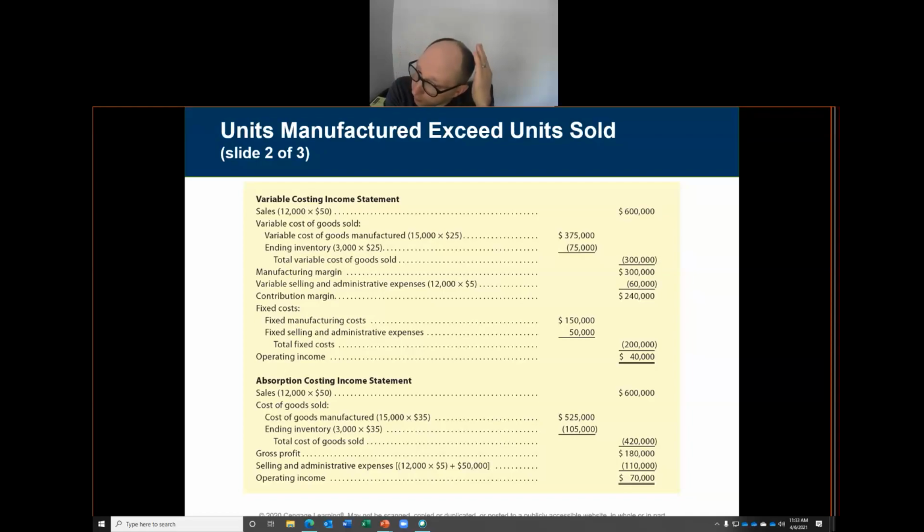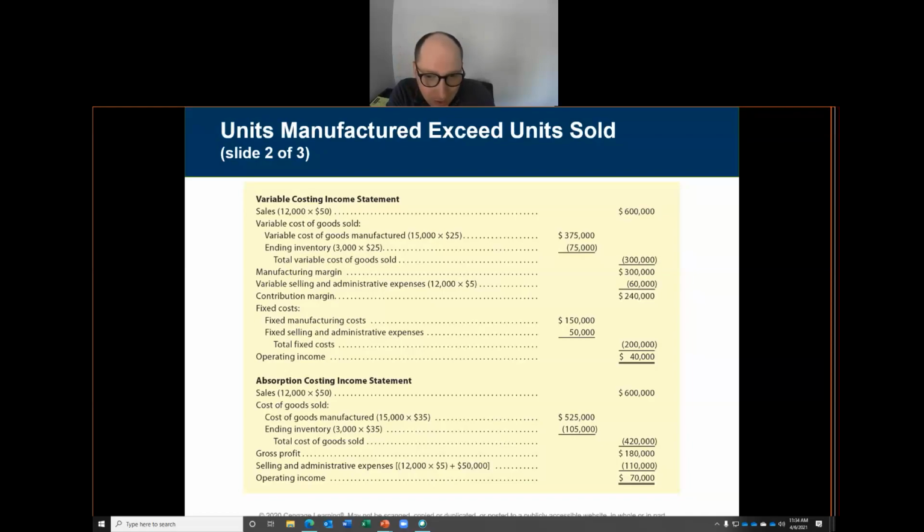Now, what about fixed costs? As you know, fixed costs do not change regardless of the level of output. Okay, it doesn't matter if I sold 12,000 or 100,000. Fixed costs are fixed costs. Okay, so we have fixed manufacturing costs of 150,000.